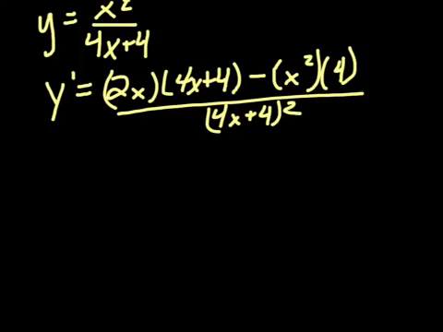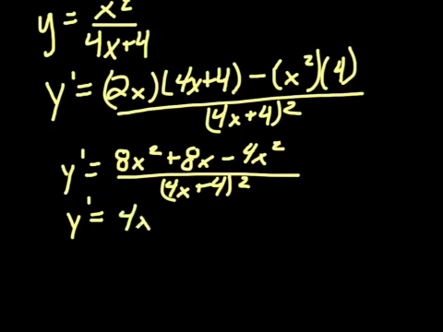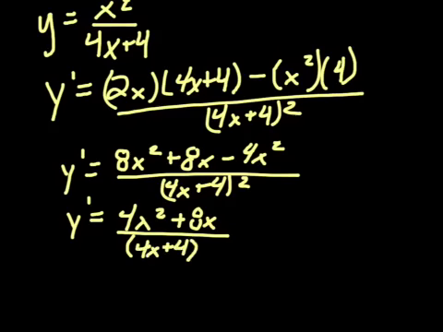From there, we can simplify. So then we get 8x squared plus 8x minus 4x squared over (4x plus 4) squared. And then we can simplify even further, and we'll get 4x squared plus 8x over (4x plus 4) squared.